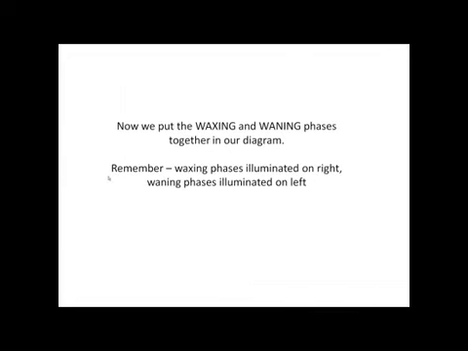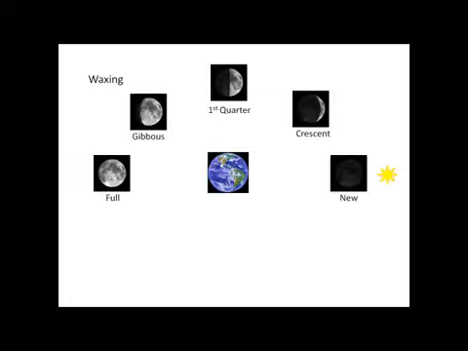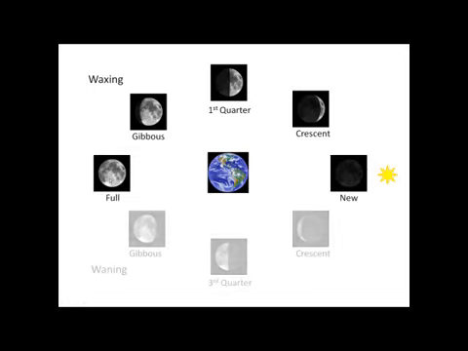Okay. So we're going to take those two diagrams and put them together, so that we see the sun and the phases of the moon all the way around the earth. And so here are our waxing phases: new moon, waxing crescent, first quarter, waxing gibbous, full moon, and then we rotate the waning phases around so that they fill in the other side.